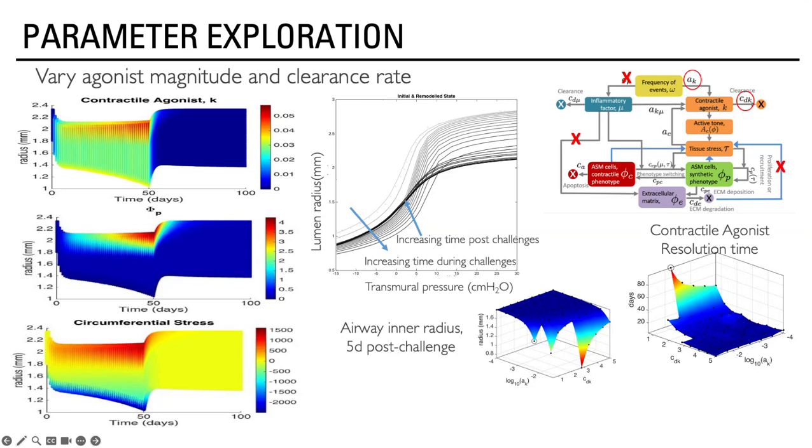The faintest curve is the curve right at the start of the remodeling, and how the changes in the constituents affect those pressure radius relationships, what some people in the field think of as a tube law, how that gets modified during remodeling, and then once you stop challenging, the mechanical property of the remodeled airway has become significantly different from what we started with.